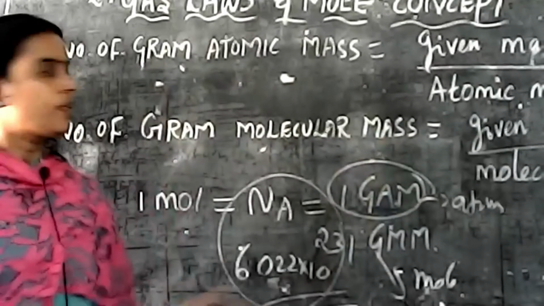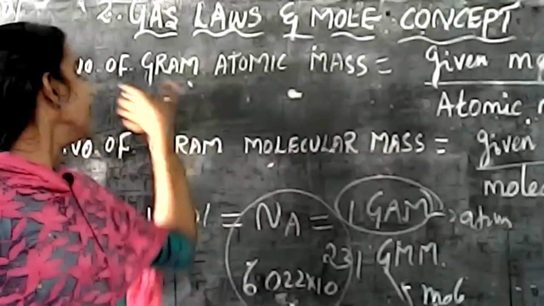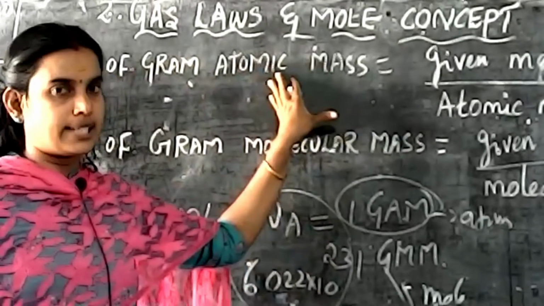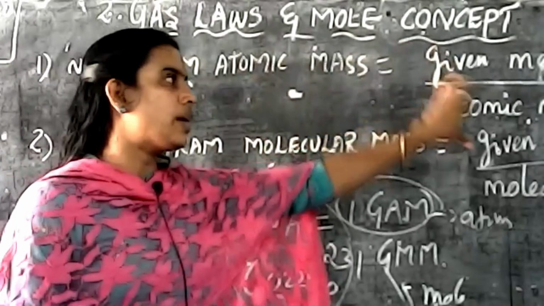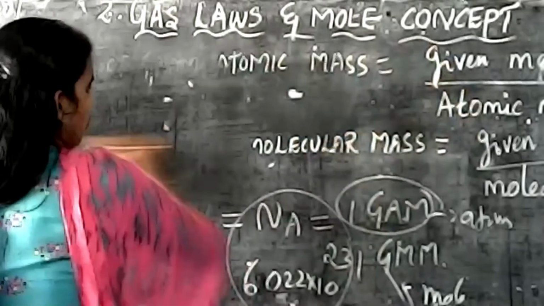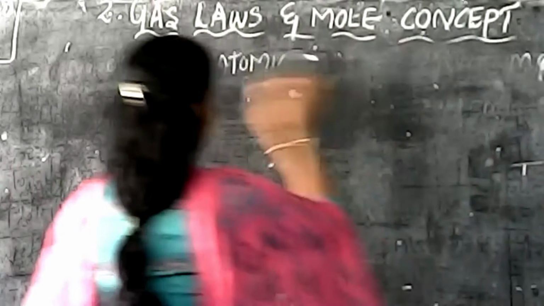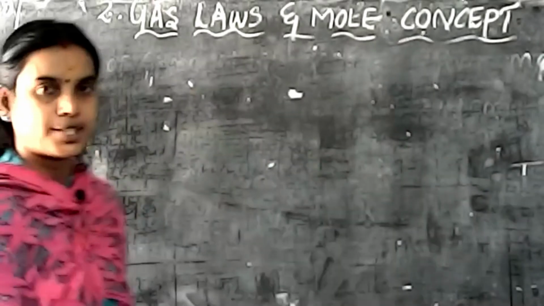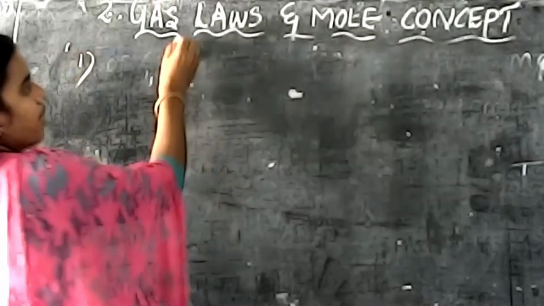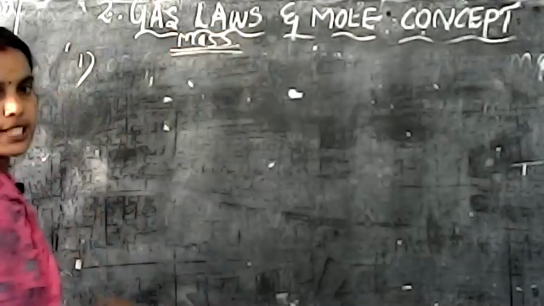So from this we can conclude some formulas. First one, number of gram atomic mass is calculated by the formula given mass by atomic mass. Now we are going to see the first one, so listen to me. Our first formula is, if the mass of the substance is given, we can use this formula.